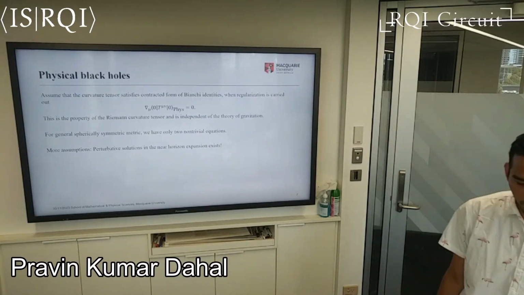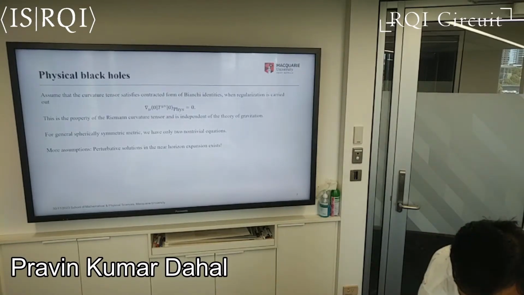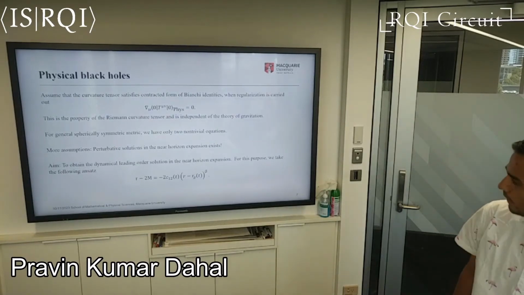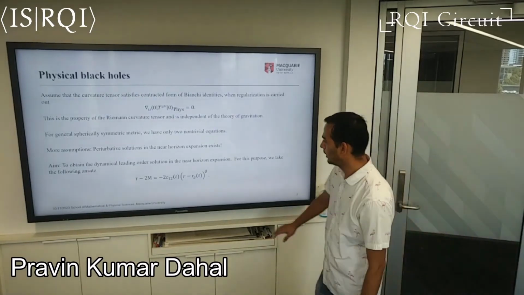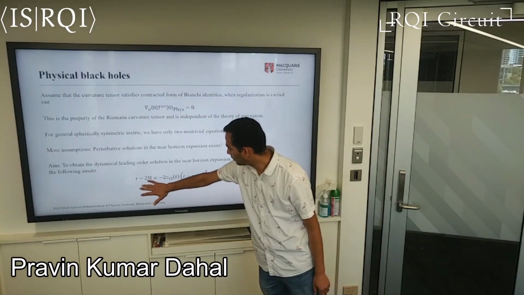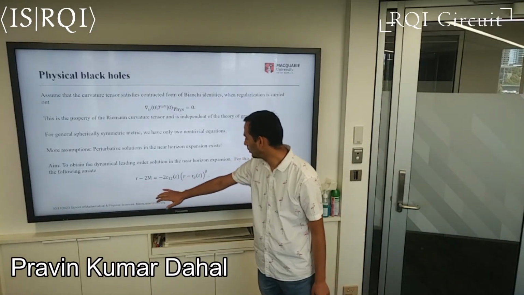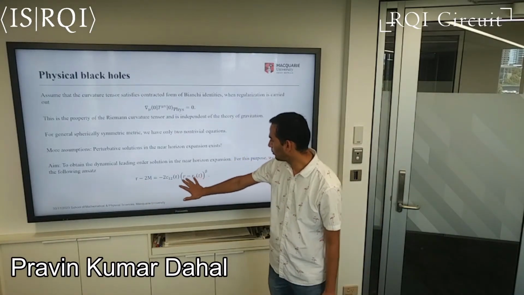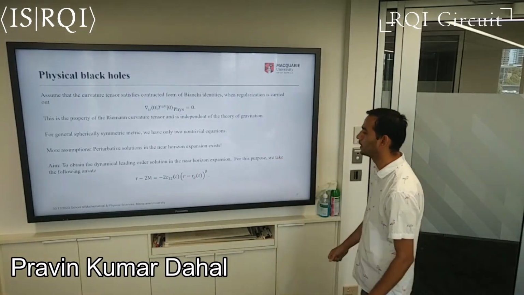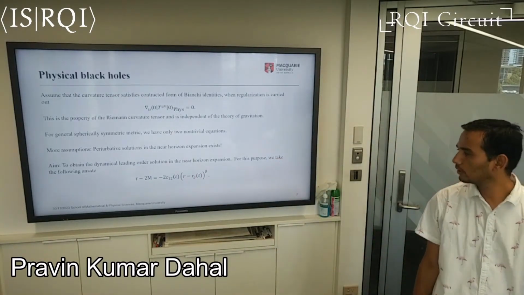So we assume that perturbative solutions exist near the horizon, and we take the following ansatz to constrain one of the variables in terms of this function. So near horizon expansion, we assume that this form of near horizon expansion exists.